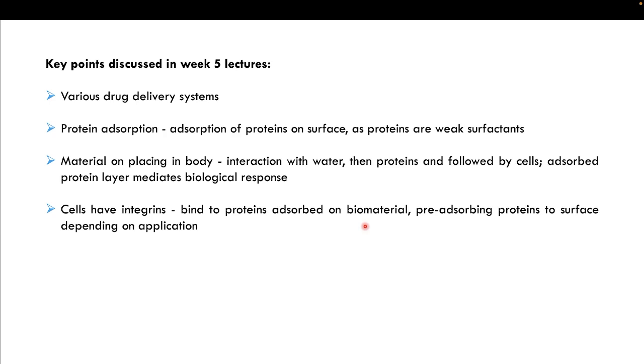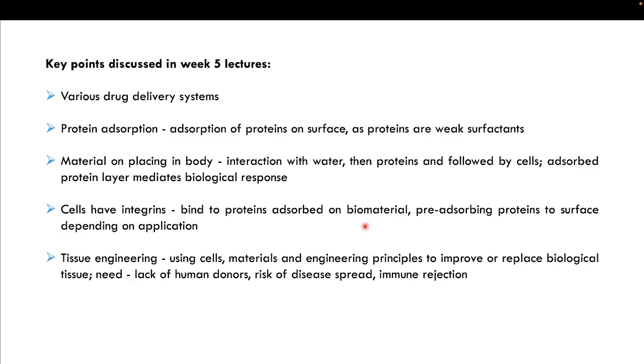So this depends on the application. In some cases, you don't want these cells to attach to your implant. In that case, you can modify the surface in such a way that most of the proteins will not be able to adsorb onto the surface. So this was something that was discussed in week 5 lectures.